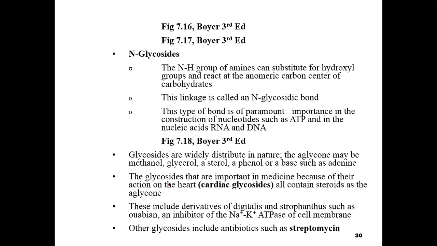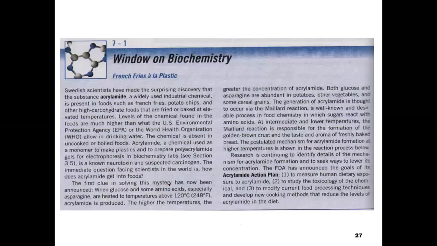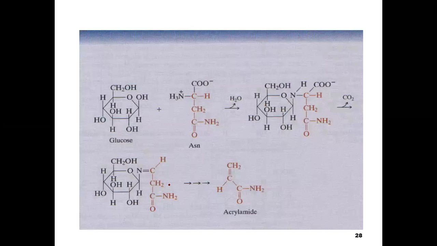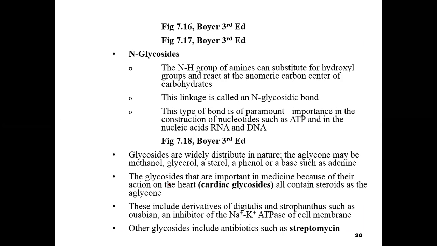This linkage is called an N-glycosidic linkage. The previous one was the O-glycosidic linkage, in which oxygen was involved, but in this one the NH of the amine group substitutes the hydroxyl group, reacts with the anomeric carbon center and makes the N-glycosidic linkage. This type of bond is of paramount importance in the construction of nucleotides such as ATP and in the nucleic acids RNA and DNA.